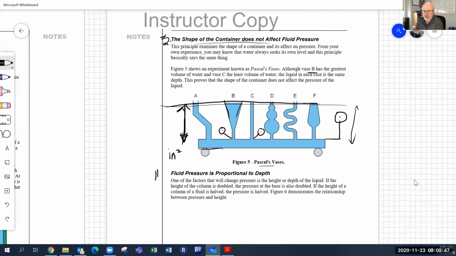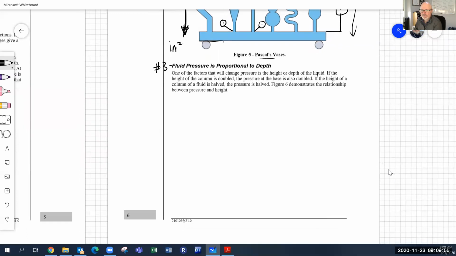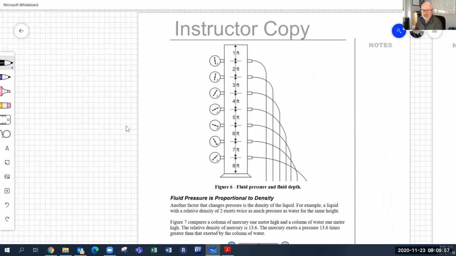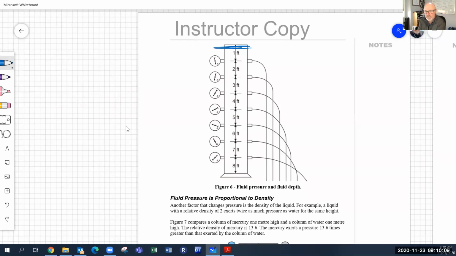Now, number 3 principle of hydrostatic pressure is fluid pressure is proportional to depth. So let's get to this picture. Fluid pressure is proportional to depth. So if this is full of water, so if this little diagram here is full of water, at the 1 foot level, we're only going to have this much pressure.